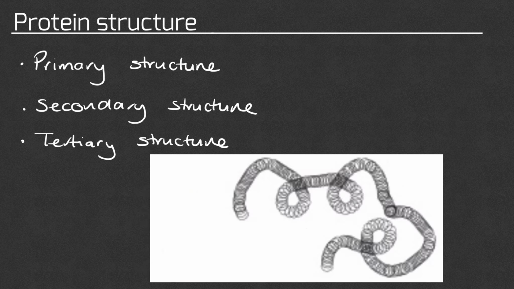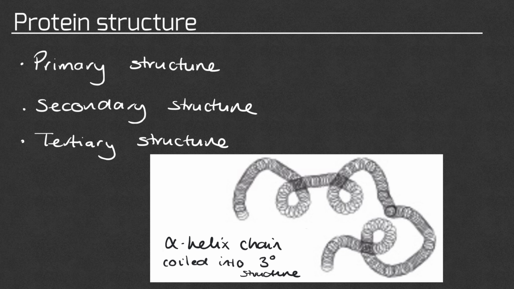The amino acid chain itself is then often coiled and folded in a characteristic way. Extra bonds can form between different parts of the polypeptide chain, and that will give the protein a unique 3D shape, which is its tertiary structure. So for example, this diagram shows an alpha helix chain coiled around itself into a certain tertiary structure.